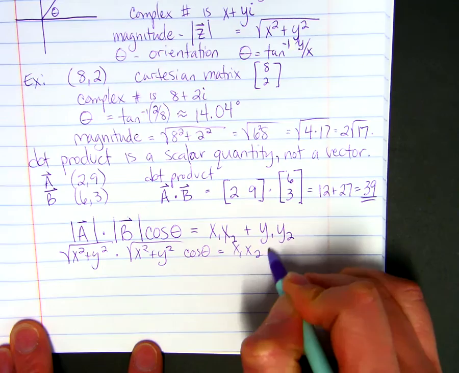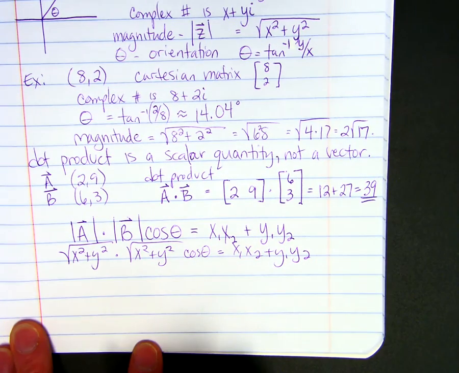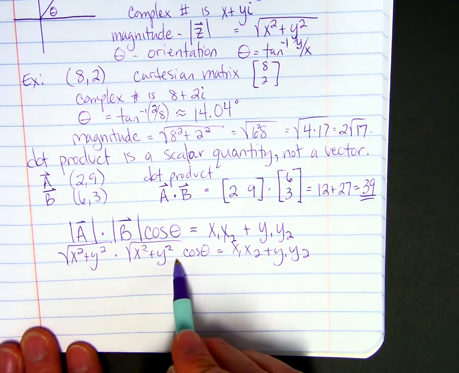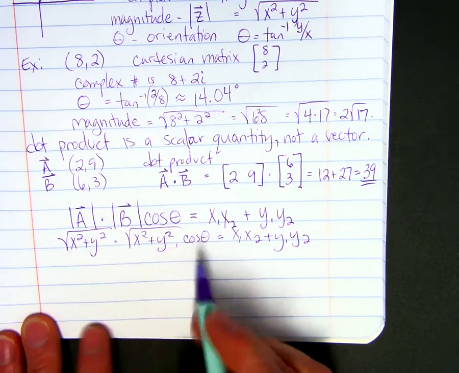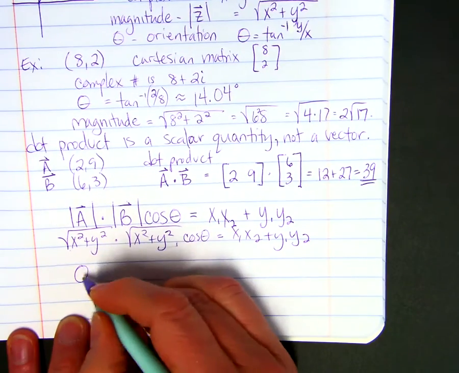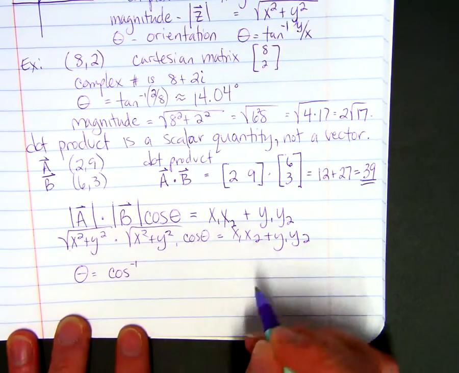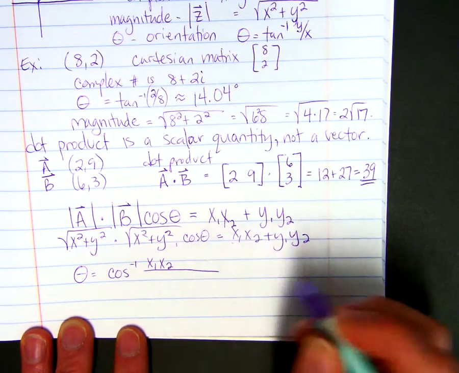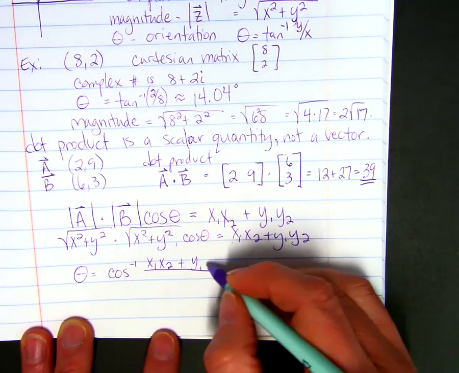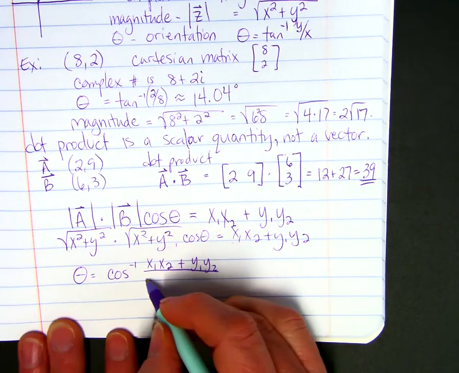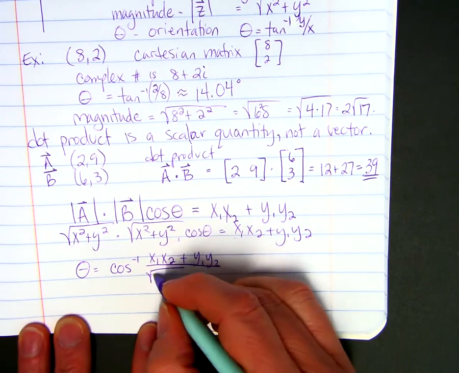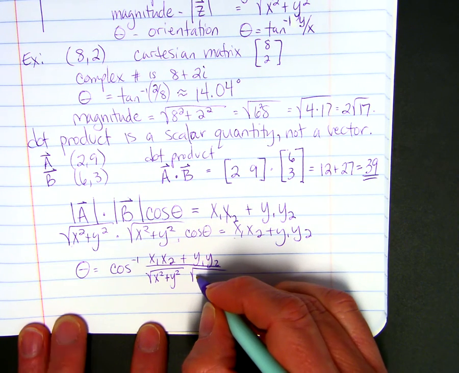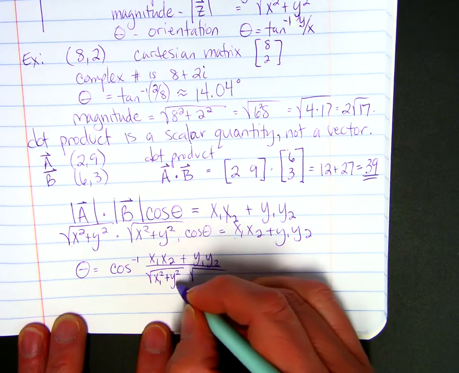And then you solve for theta by dividing by these square roots and then taking cos inverse. So theta equals the cos inverse of this dot product, x sub 1 times x sub 2 plus y sub 1 times y sub 2, divided by the product of their magnitudes. Oops, this should be 1, 1.